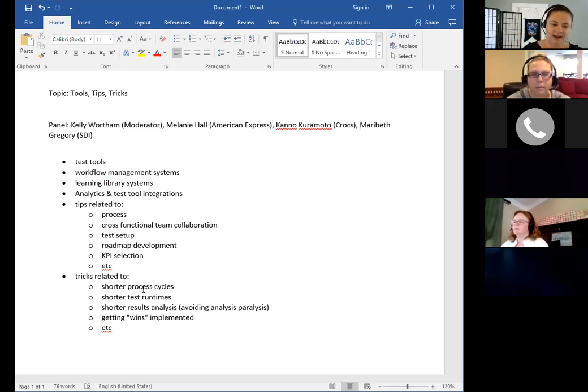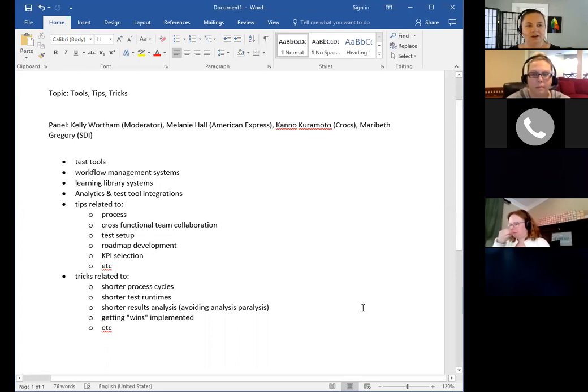What system are you using to input all the information and then move it along the process, and are you measuring the efficiency and efficacy of that workflow tool? So again, let's just start by talking about our experiences, and if you have a favorite tool that you use, we'd love to hear about it. And we'll start again with Mel.